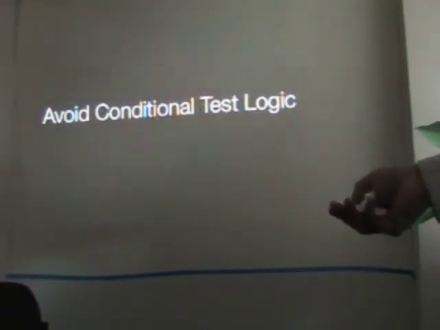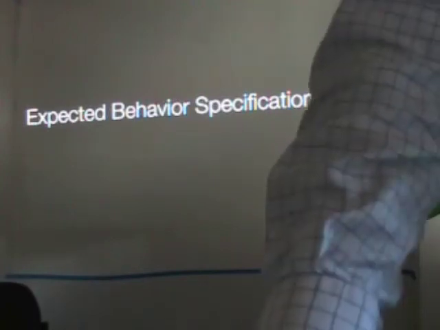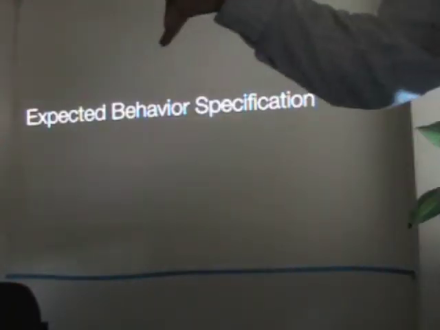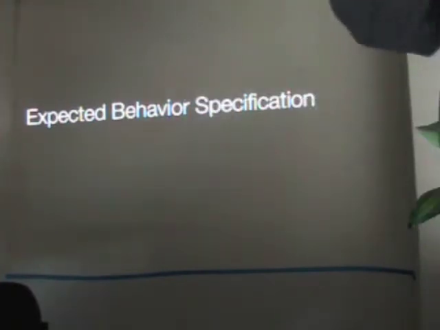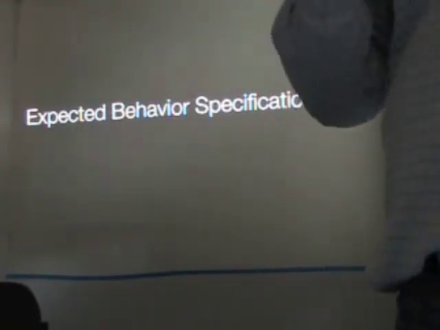Our conditional test logic, we saw that expected behavior specification. If you have two objects, like we kind of discussed, you can pass in those two objects because we already know we want to aim for verification of just one condition. What if you need to have a customer?